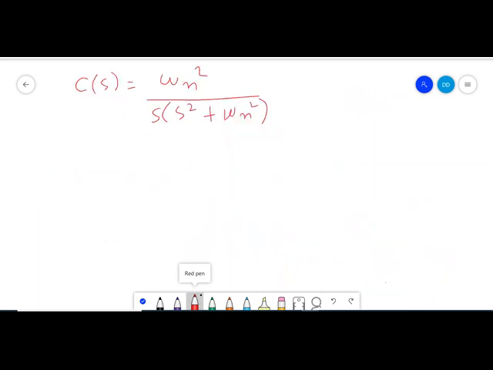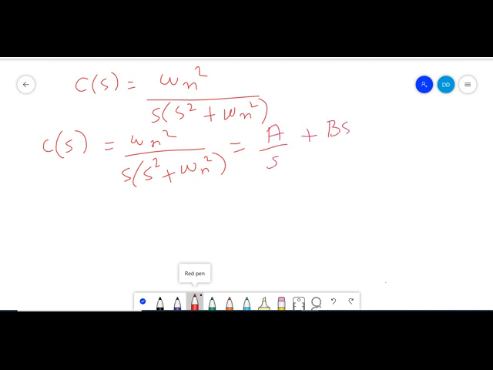Since this C of s is not in the standard form, we go for partial fractions. C of s is equal to omega n square by s into s square plus omega n square. We will write it as A by s plus B s plus C divided by s square plus omega n square.